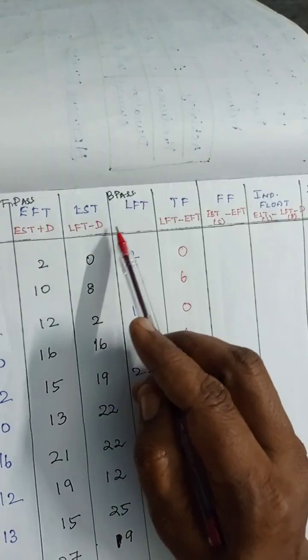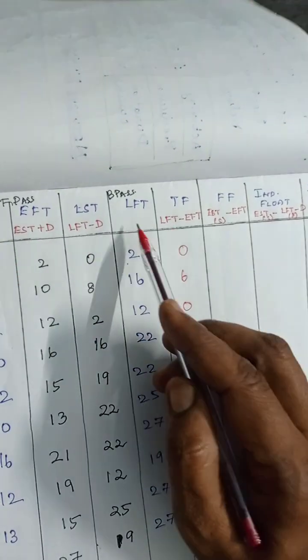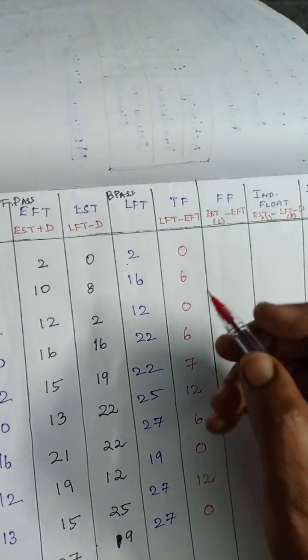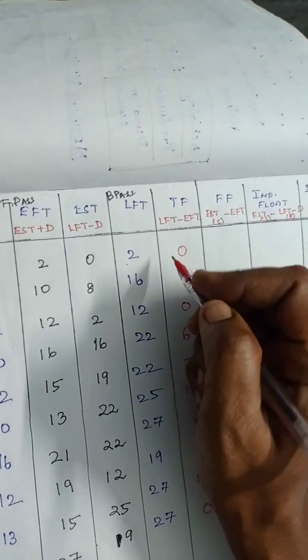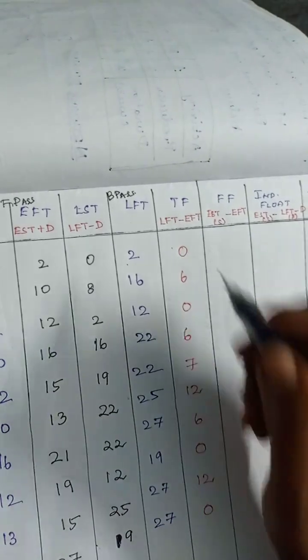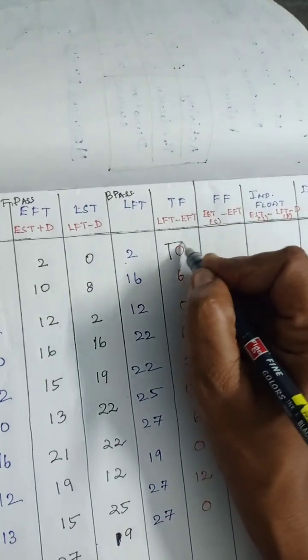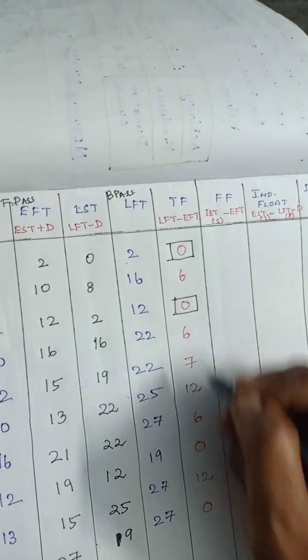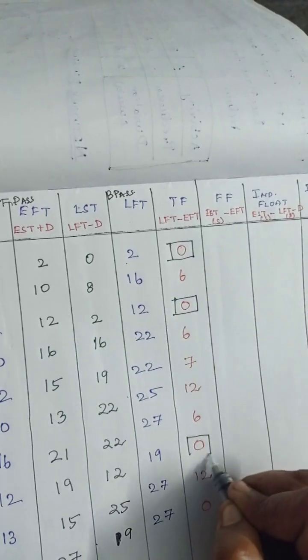After this you have to calculate the critical path. If the total float value is 0, that corresponds to the critical path.